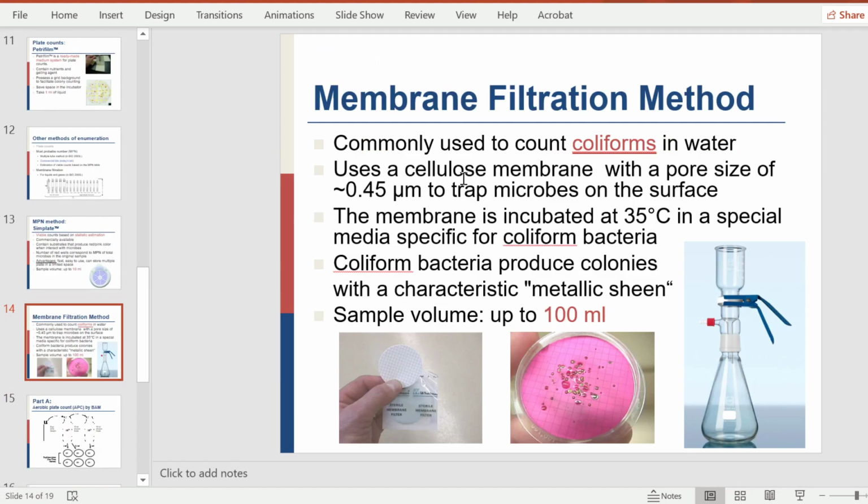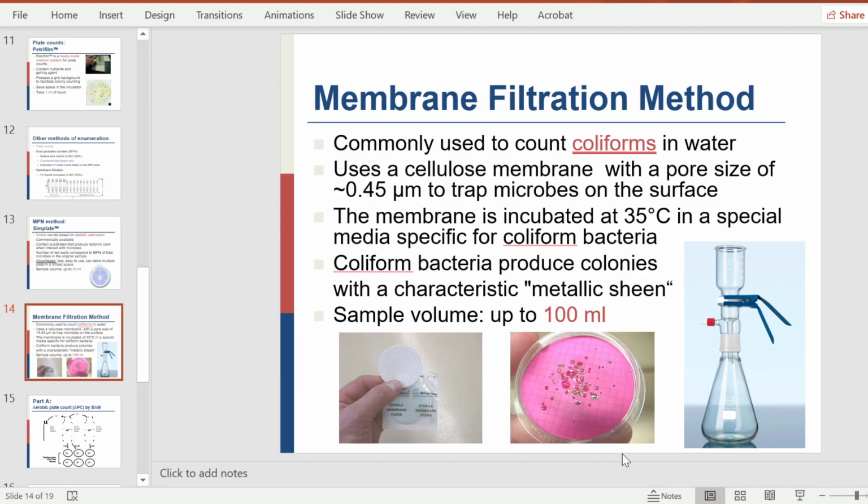So the next method we have is membrane filtration. This is commonly used to count coliforms in water. So this is specifically for liquids, particularly water. So how it works is you have a little sheet here, a cellulose membrane, with a very small pore size, and that's going to allow it to trap any microbes.